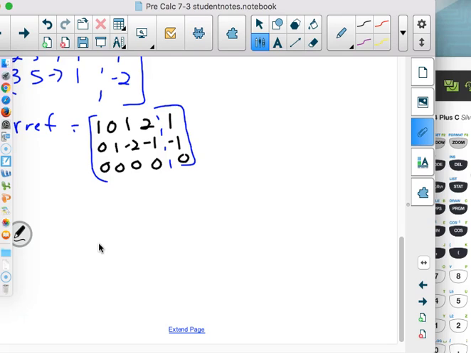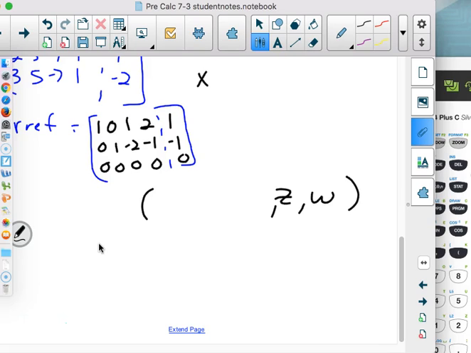Okay, so what this means is X's, we're going to find something for. Y's, we're going to find something for. But Z and W, we're just going to have to leave Z and W. So with these, what we want to do is build a formula so that if somebody walked in and said, here's what Z is today and here's what W is today, they would be able to find X and Y. So I'll just go to the top equation first since it doesn't matter.